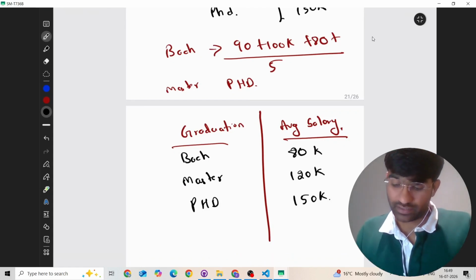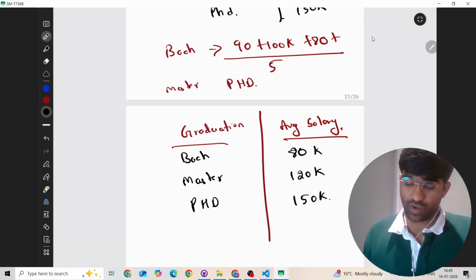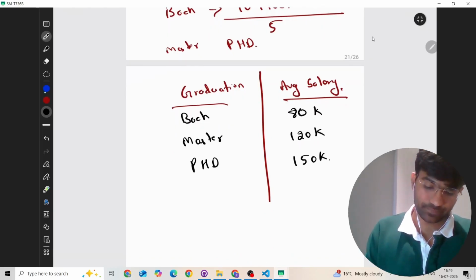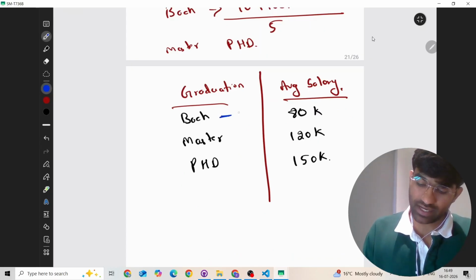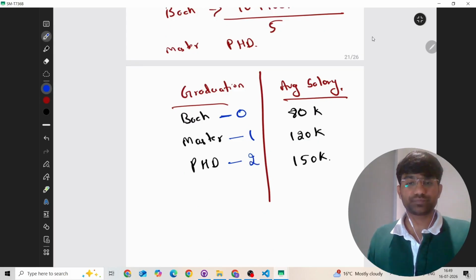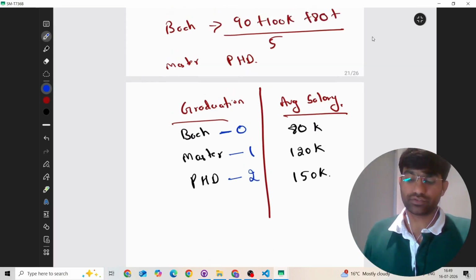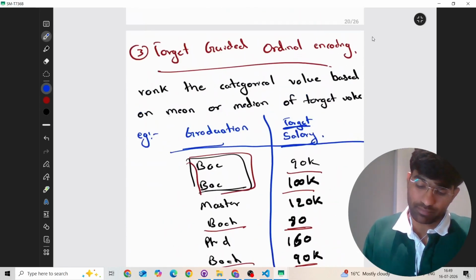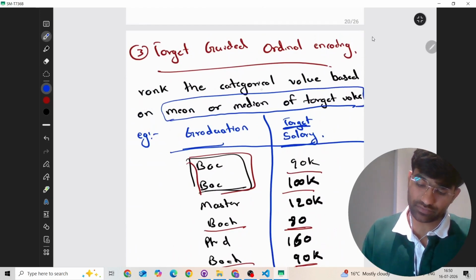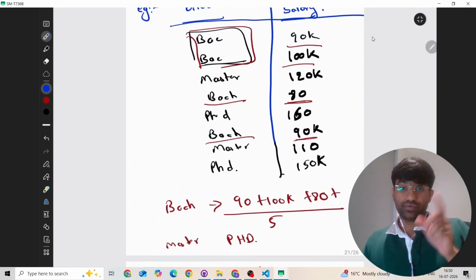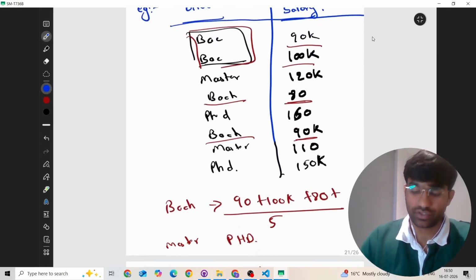So by calculating the average salary for each categorical value, it will find an order. So bachelor has the least salary, so it will give the ranking as 0. For masters it is 1, and for PhD it is 2. This way it will convert the categorical values into numerical values by calculating the mean or median of the target variable for each categorical value. So this is how we will encode the categorical values into numerical values.